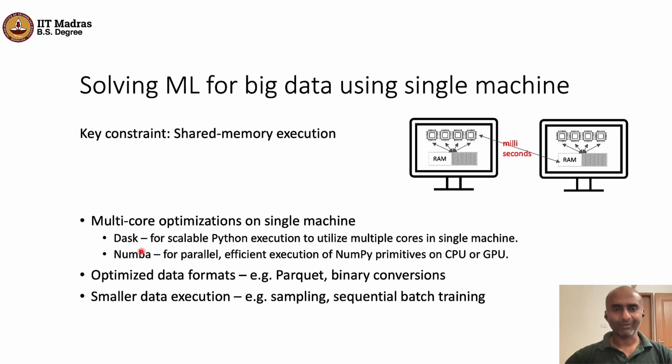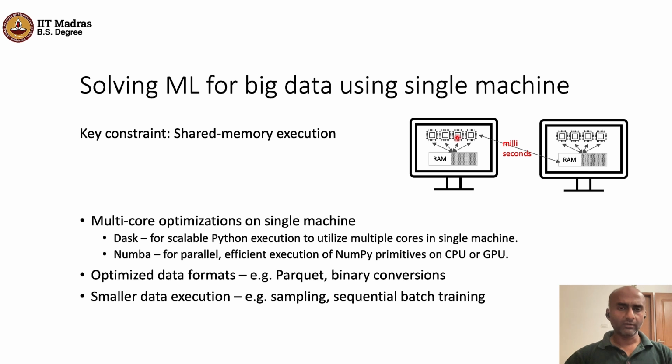This looks at linear algebra primitives which exist within NumPy and executes them across CPUs or GPUs, whatever is available in that machine. So again, you can solve for very large dataset computations in an efficient and parallelized manner by leveraging the CPUs and the GPUs within that single machine.